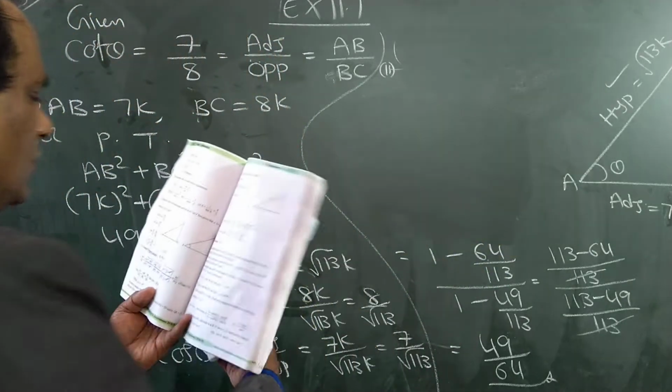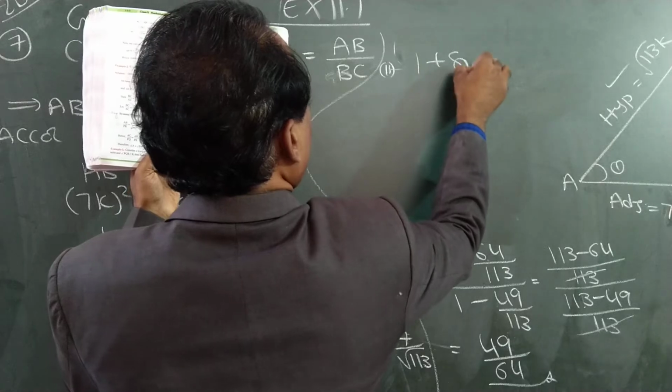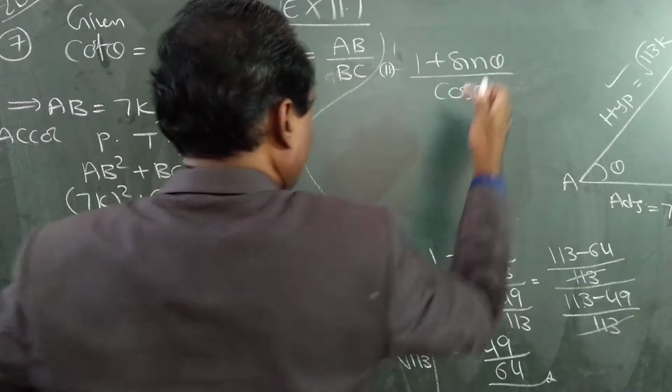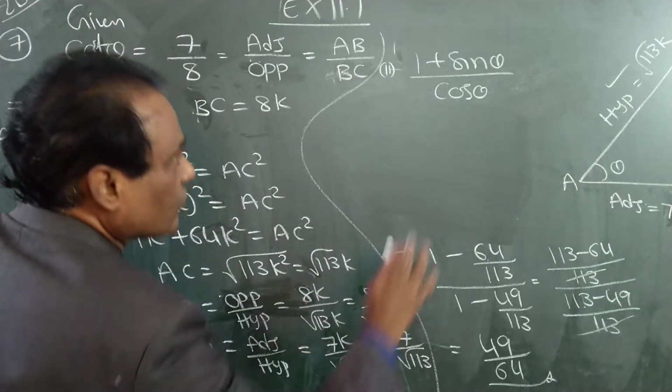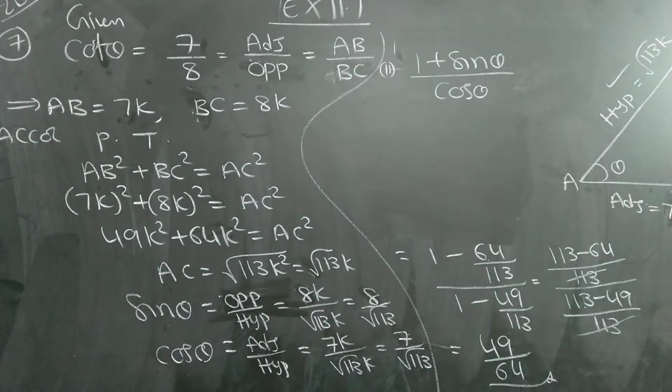Second question is 1 plus sin theta by cos theta. Sin theta is here, cos theta is here. Substitute these values in place of sin and cos and get the answer. Just substituting.